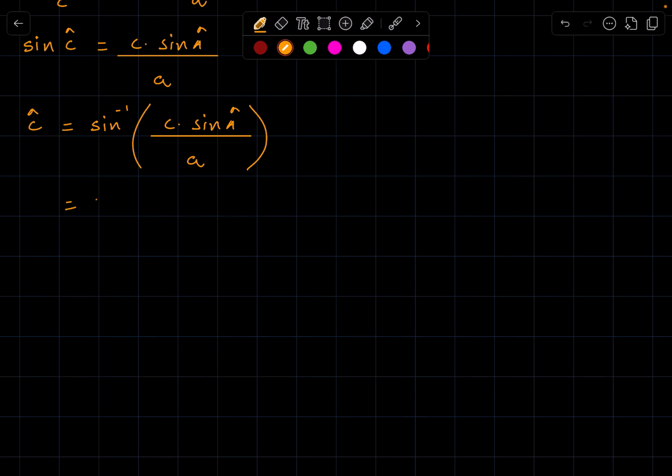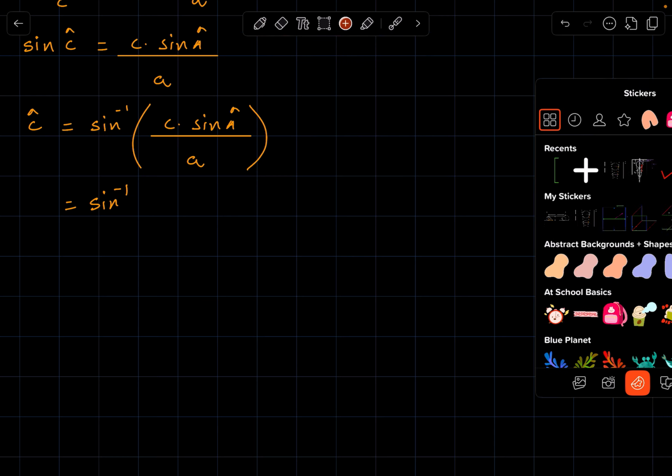So this is going to be equal to arc sine of, now we substitute.